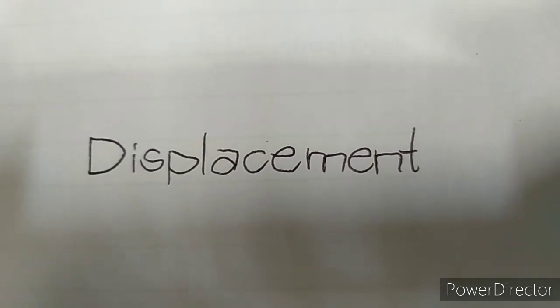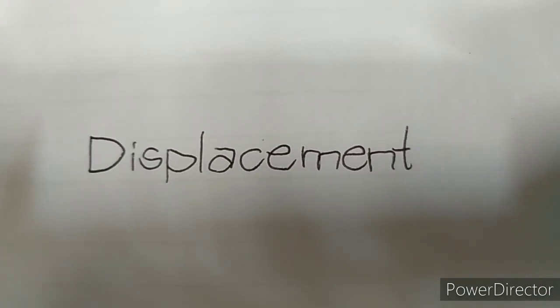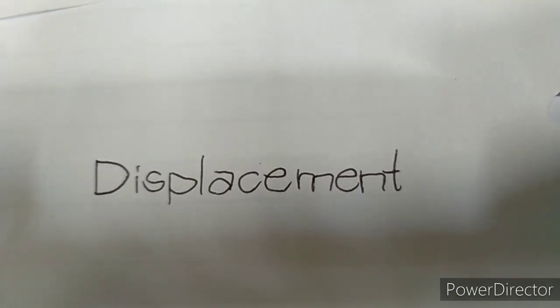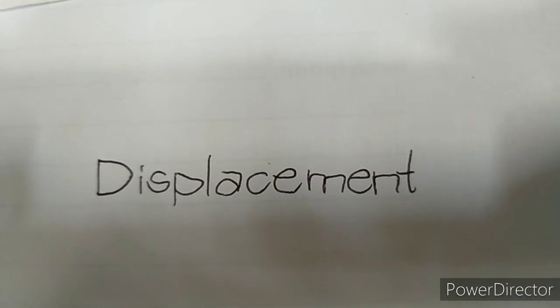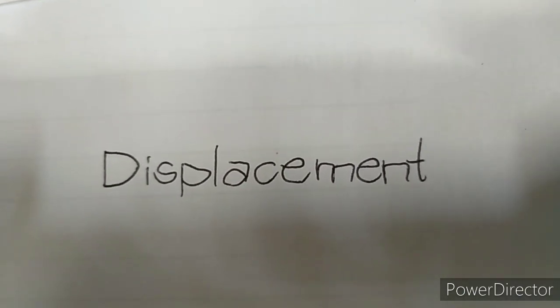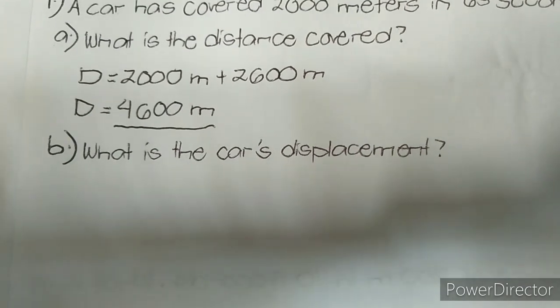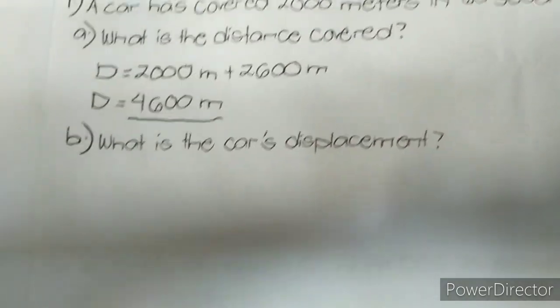What is displacement? Displacement is defined to be the change in position of an object. It can be defined mathematically with the following equation. Question letter B. What is the car's displacement?